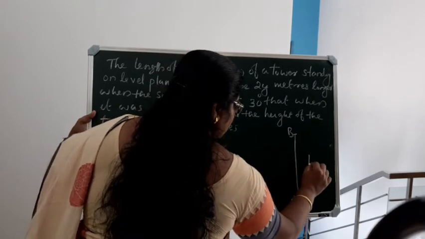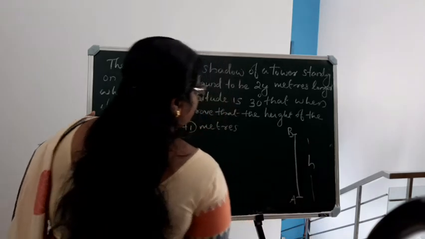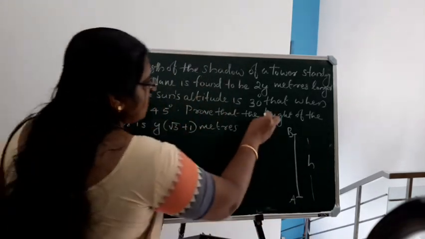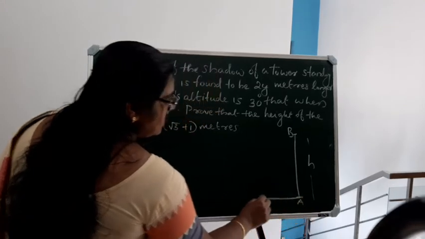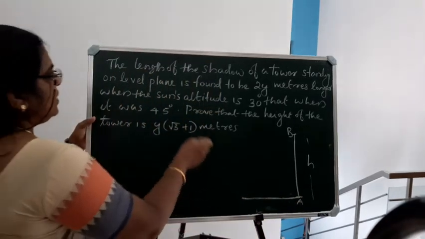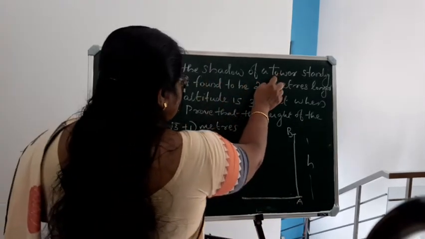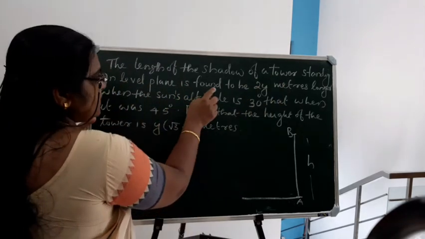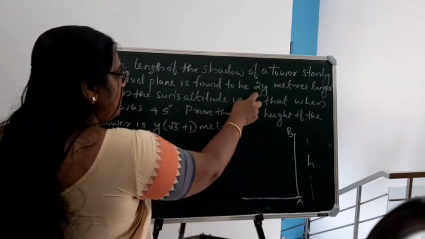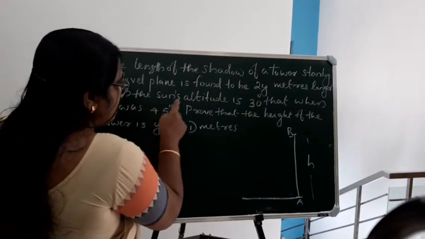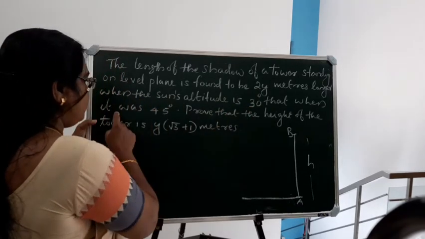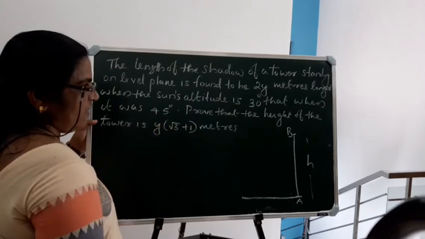We can take the height of this tower to be h meter. And the shadow, we can see the shadow on this level plane.